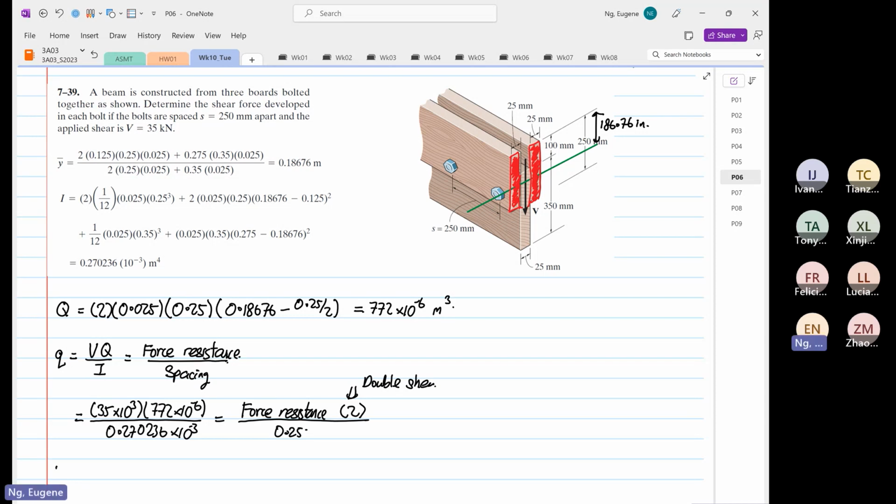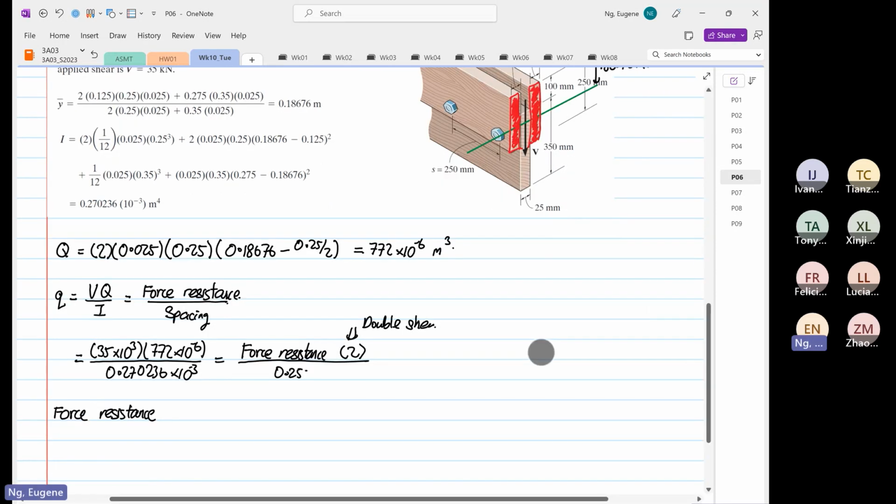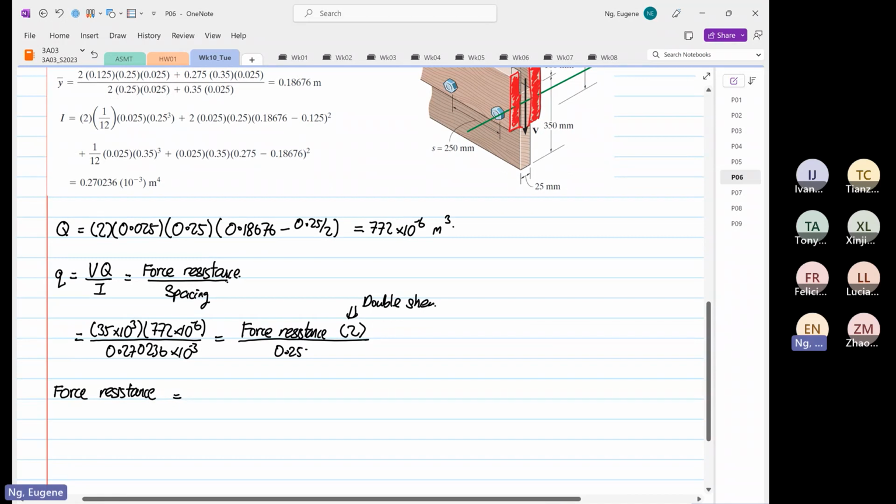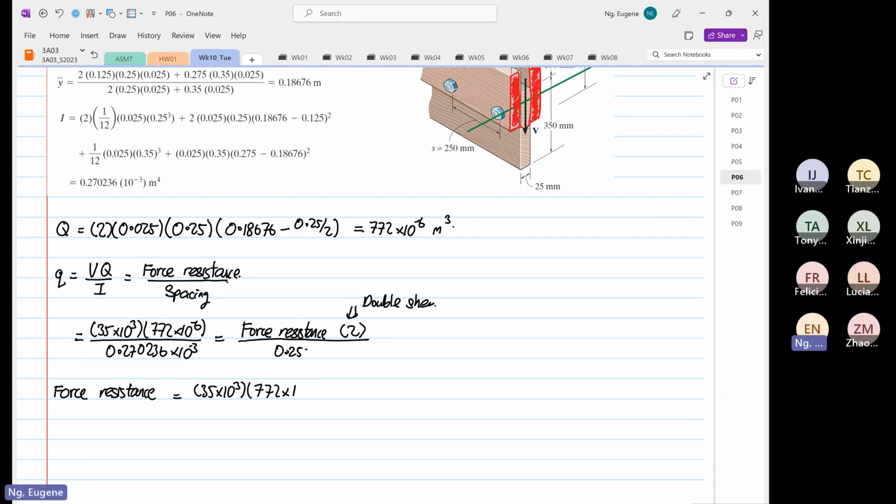So force resistance is equal to 35 times 10 to the power 3 multiplied by 772 times 10 to the power minus 6 multiplied by 0.25, divided by 2, divided by 0.270236 times 10 to the power minus 3.